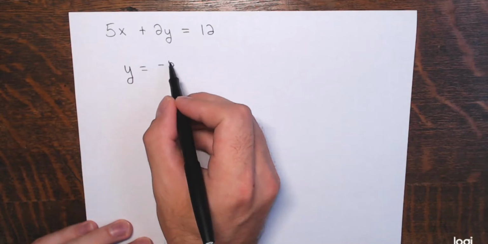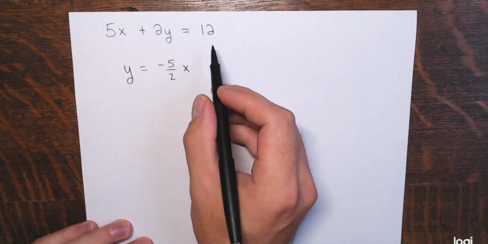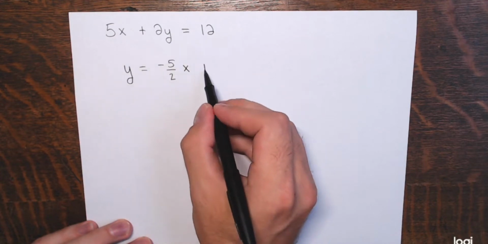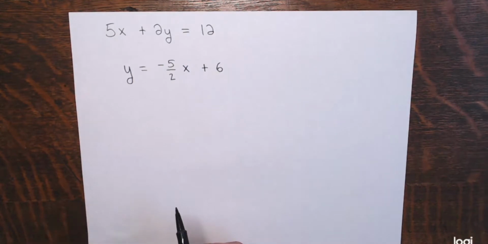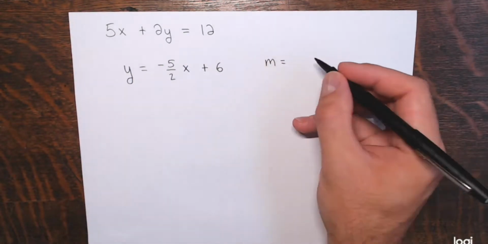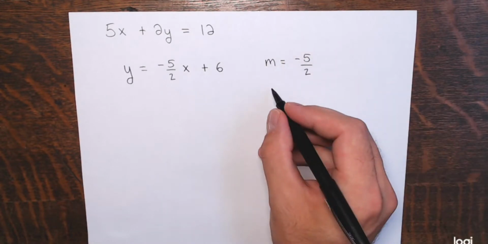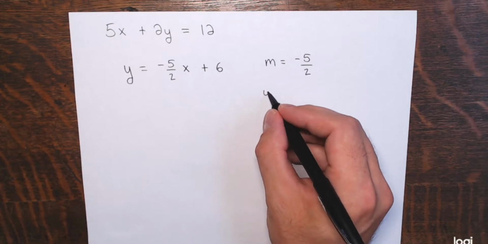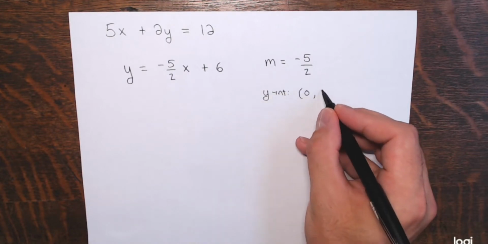You'd have negative 5 divided by 2, negative 5 halves times x, plus, and then 12 divided by 2 would be plus 6. So there's the equation in slope-intercept form. All right, so the slope is negative 5 halves, negative 5 over 2, and the y-intercept is the point 0, 6.